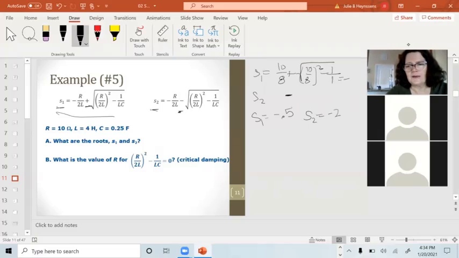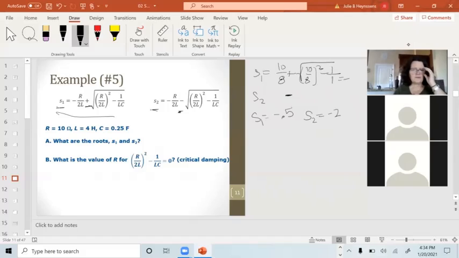We'll call it radians per second. They're negative, which is actually a good thing. Negative S1s and S2s are stable circuits. Positive are unstable. These are associated with decaying exponentials, positive numbers associated with growing exponentials.